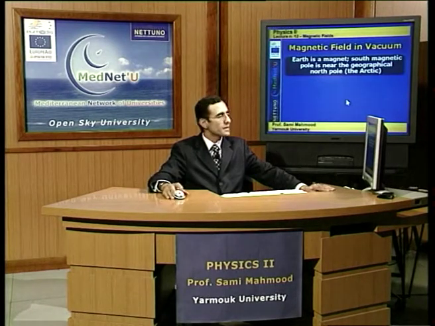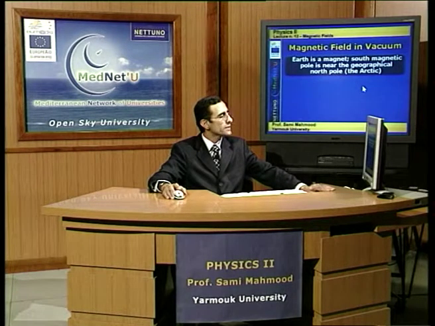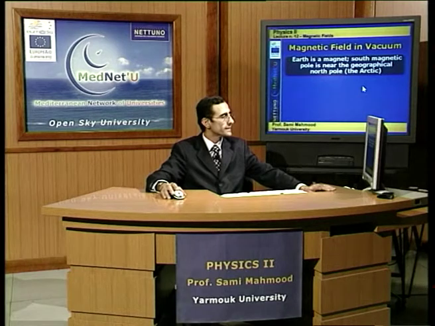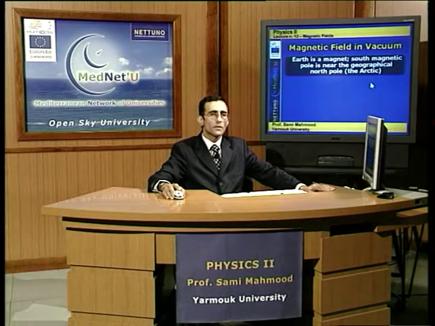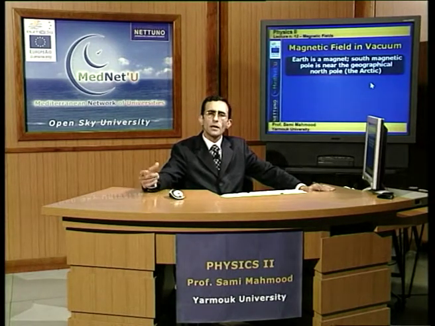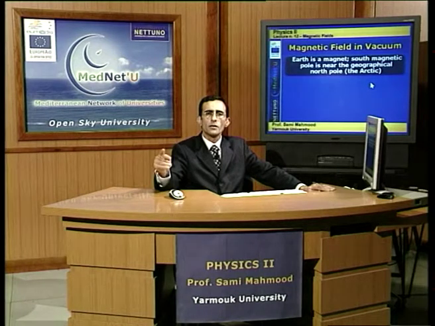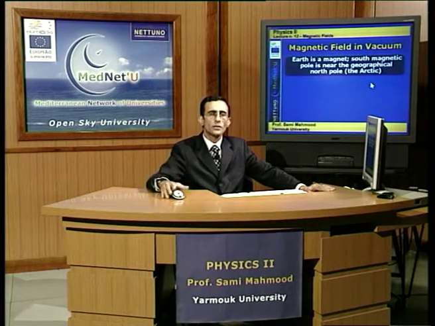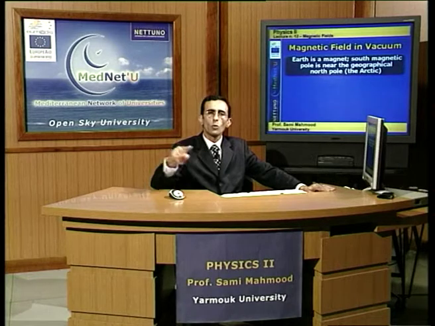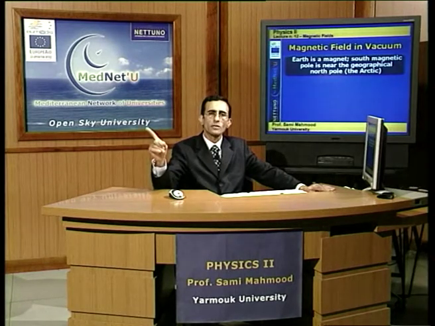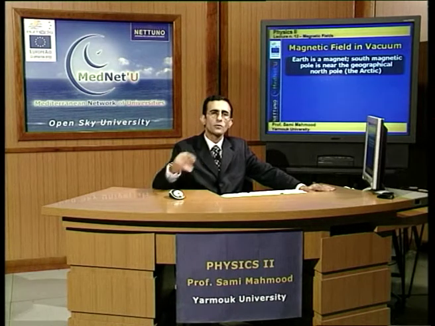According to experience and experiments, it is easy to conclude that Earth is a huge magnet. Because a magnetized bar, if it is free to rotate on the surface of Earth, always points one end towards the northern pole and the other end towards the south.